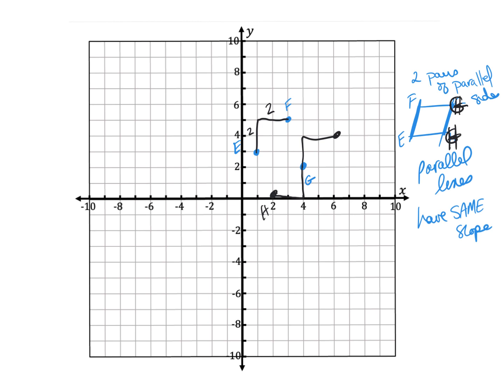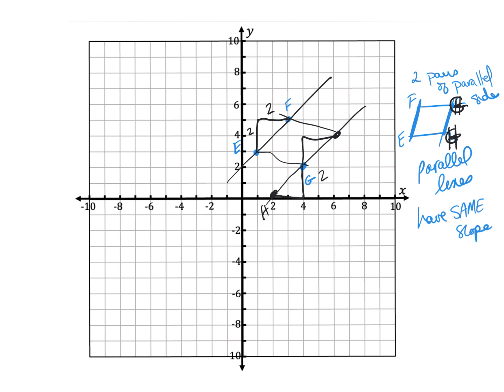Okay. So, yep, down 2, okay, that's our parallelogram, friends, right there.